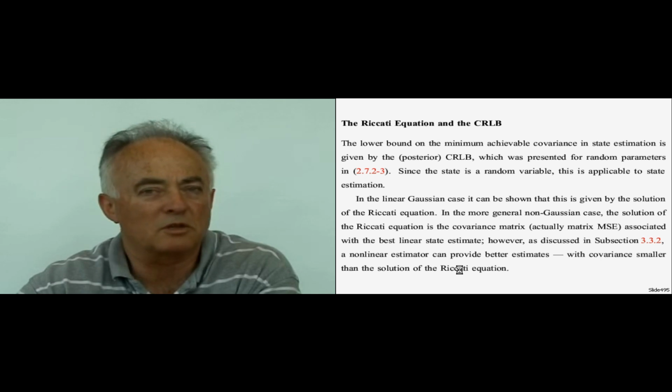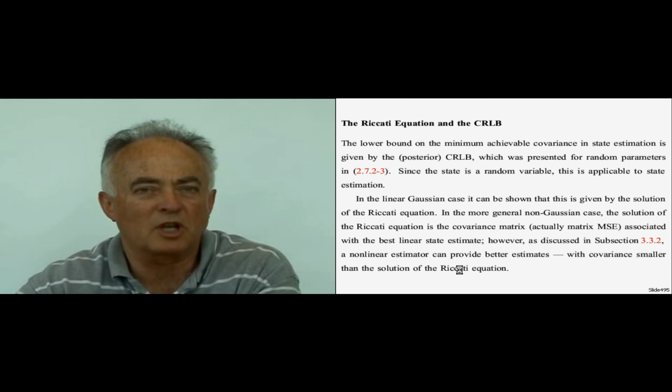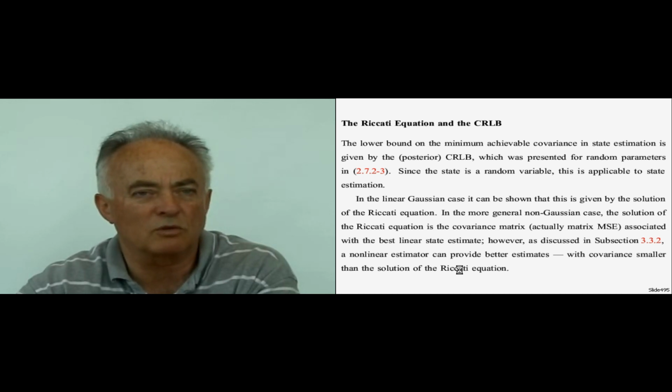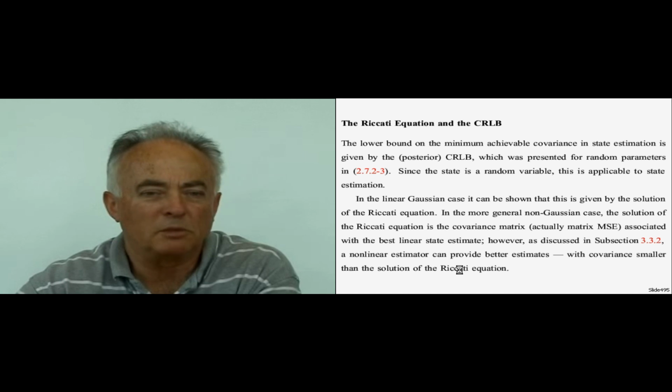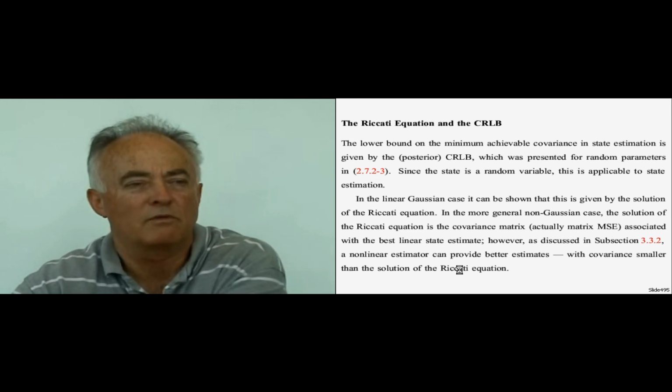But this doesn't mean that's the limit. The bound is somewhere below it. But if you have the same moments and everybody is Gaussian, the bound is exactly what the Riccati equation gives you. The practical problem with nonlinear estimators is we usually don't have them. We cannot calculate an optimal nonlinear estimator, except in the Gaussian case, where it's obvious, it's linear, but if it's non-Gaussian it's very hard to calculate for a dynamic system.